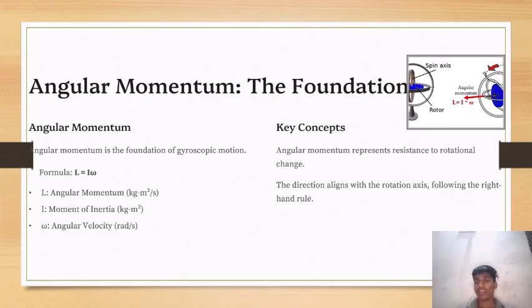As we can see here, this is rotating in the anti-clockwise direction, so the angular momentum is in the left direction. So in short, angular momentum is necessary for calculating gyroscopic motion or torque.